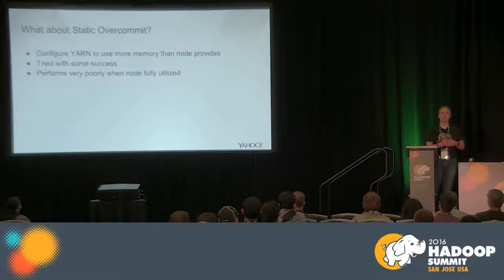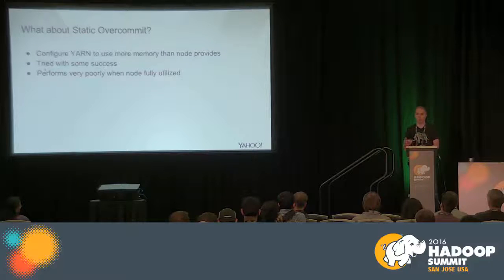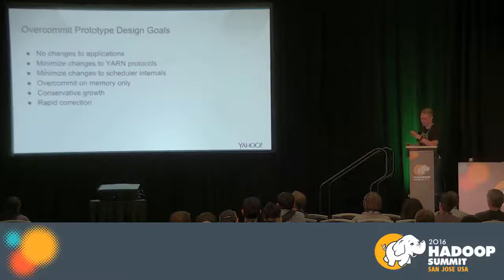I think I'll load it up with some more. So it throws more stuff on that already heavily overloaded node that just shot some things to free things up. And now you're just aggressively making it worse. Because the resource manager doesn't really know, because it thought, well, the node's that size. Look, there's free resources on it now. I'll throw even more on it. So static overcommit, it can work for a while, but when it gets bad, it's very bad. So we'd like to make that a little bit smarter.